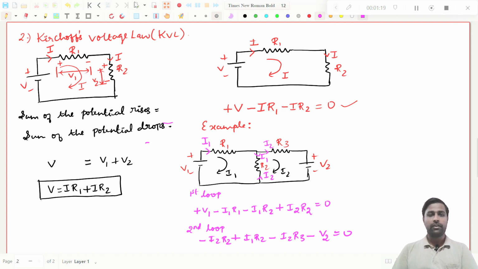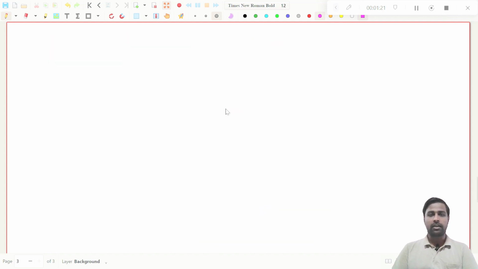Now we will start with a numerical problem. We will take a single numerical problem and try to solve it by using Kirchhoff's voltage law and Kirchhoff's current law, right? So I will write here, we are going to apply KVL and KCL in a numerical problem.